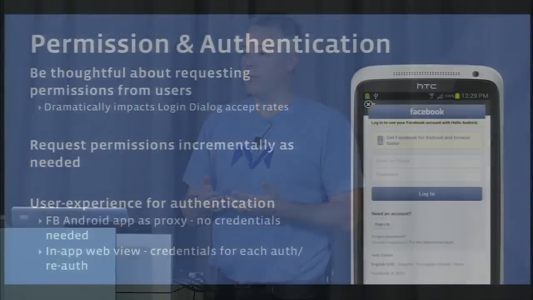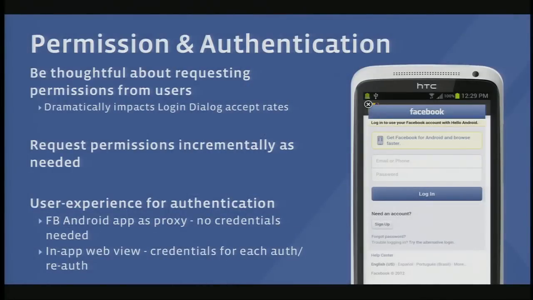If the user does not have that installed, then for that first scenario I mentioned, when they log on and are requested a permission, they're going to hit something that looks like this, which is an in-browser instance of a Facebook login screen. Users are going to have to provide credentials to this. When they do that, again, a connection is made to the server from within the app process, and it comes back with a user access token.